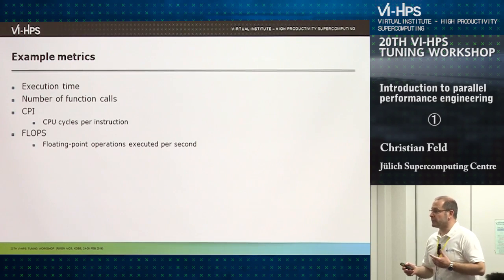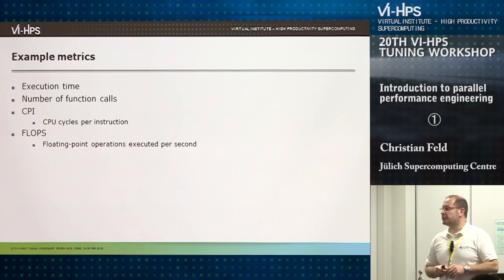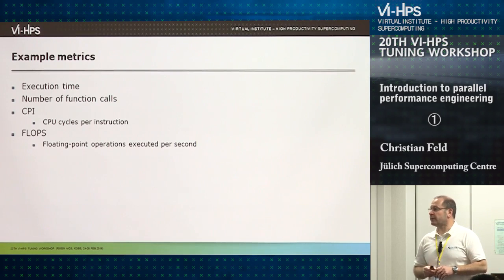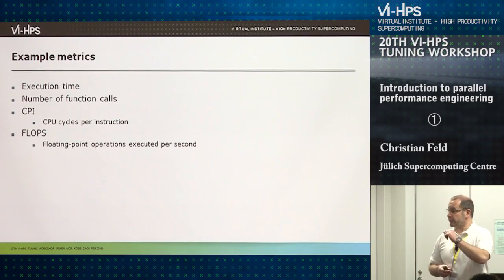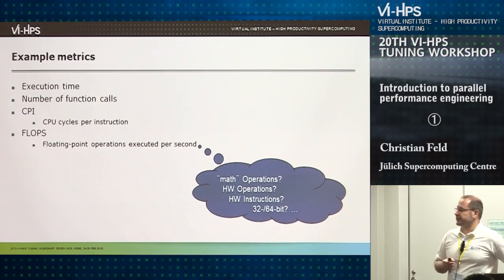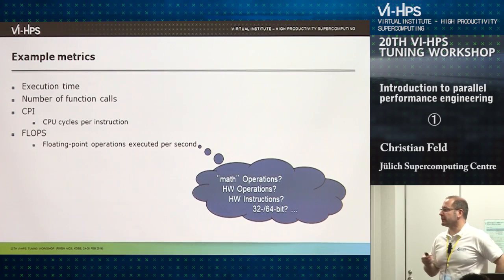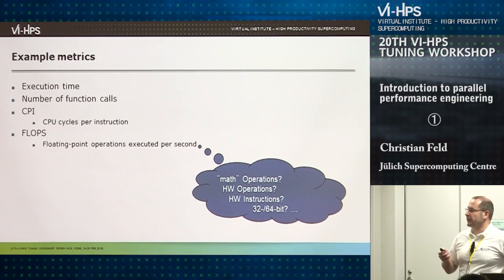When we use hardware counters, we can get the cycles needed per instruction. And we can also get the number of floating point operations. But here it's not always clear what we mean by this. Is this just math operations or hardware operations, instructions? So this is a metric that you have to be careful with.